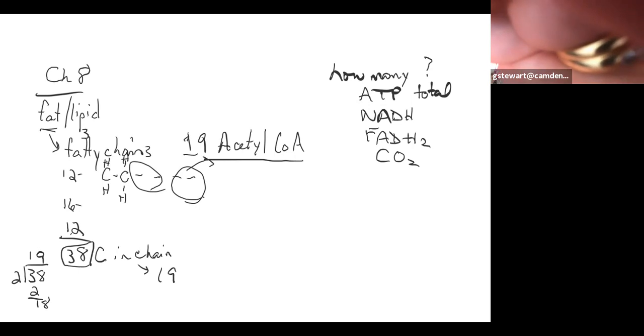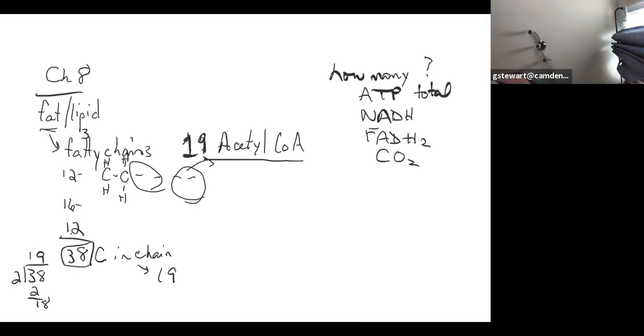And let's not worry about the glycerol being broken down into another acetyl-CoA. Let's just stick with the 19. Okay, how many of all of these things, if these 19 acetyl-CoA molecules completed the Krebs cycle, TCA cycle, citric acid cycle, and of course the electron transport chain?